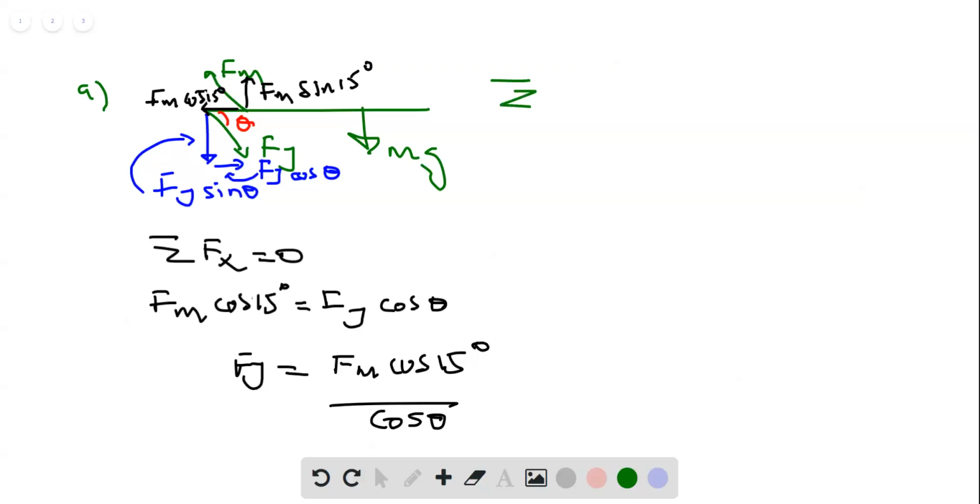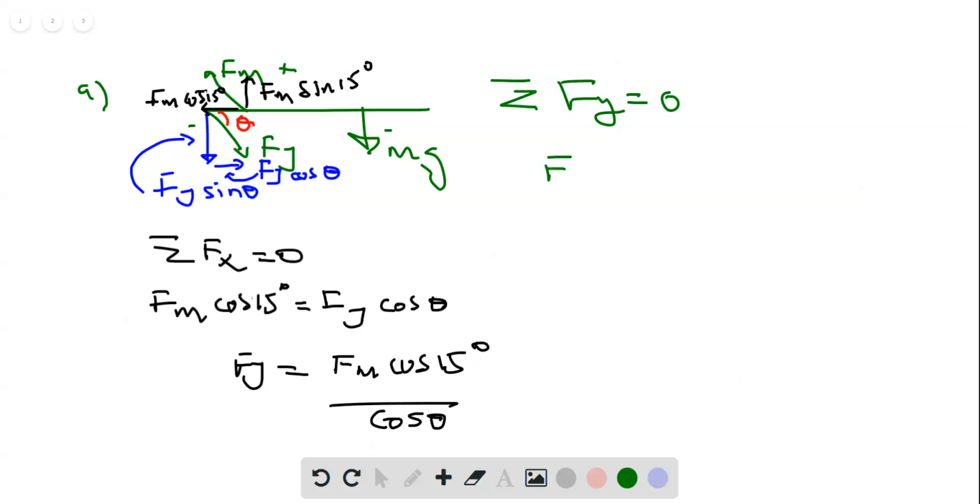We're going to continue and say the sum of forces in the y direction is 0. And that just means that these two forces are pointing downwards. So this is going to be negative, and that's negative, and this is positive.